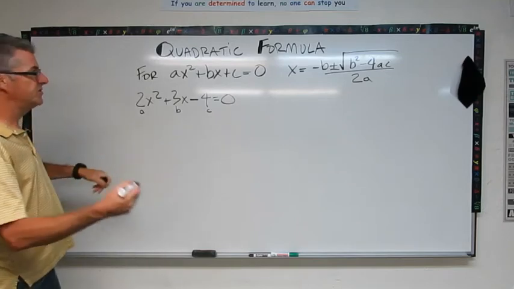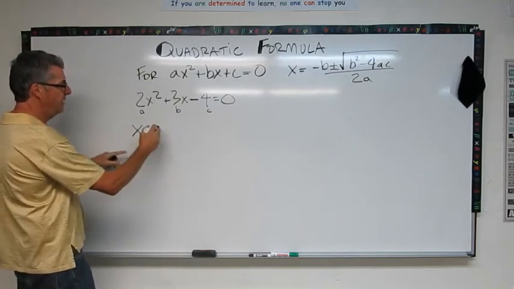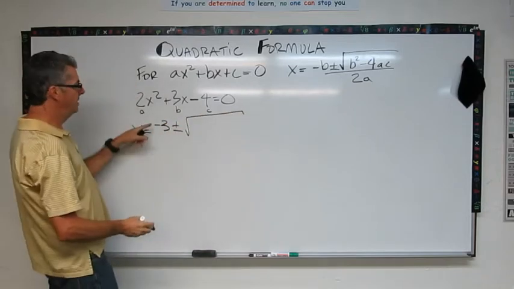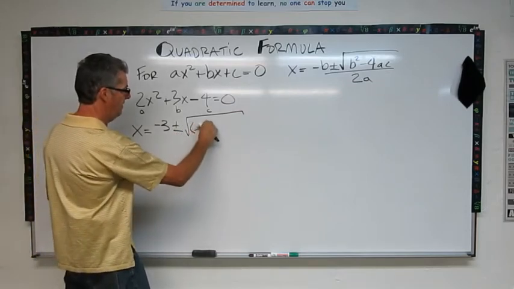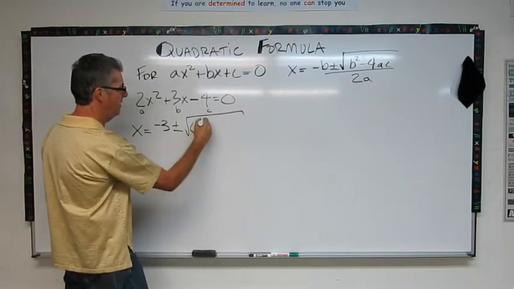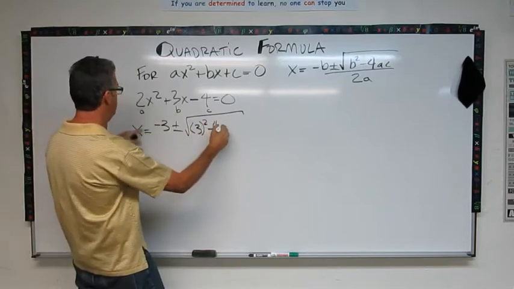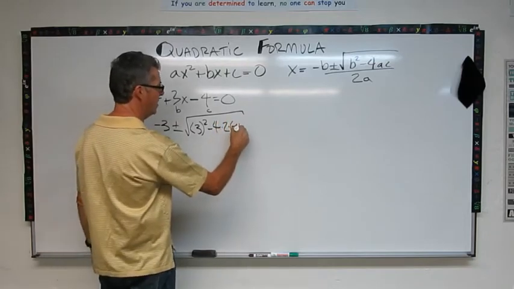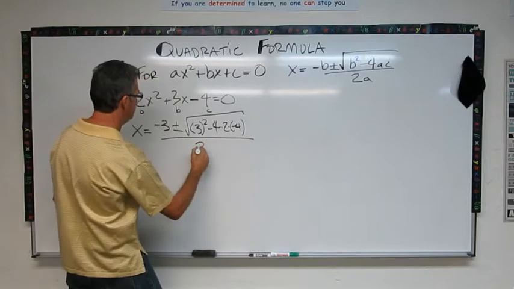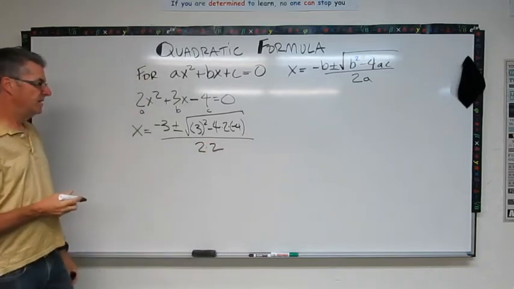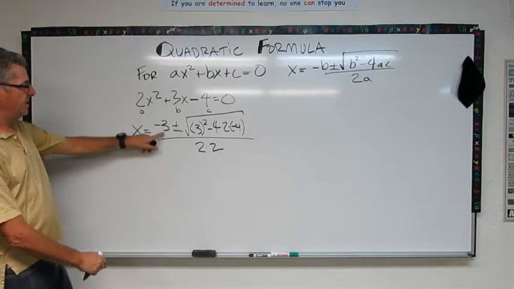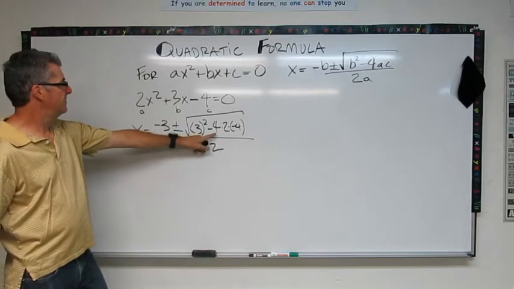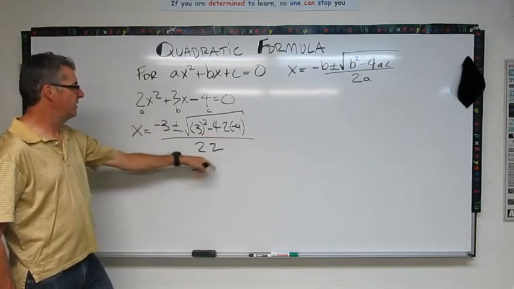Okay, so let's do that first plug-in step. x equals minus b plus or minus my big square root, b squared, that's just 3 squared, minus 4 times 2 times negative 4, all over 2 times 2. Okay, let me just inspect, make sure I did my plug-in step right. Negative b plus or minus b squared minus 4 times a, which is 2, times c, which is negative 4, over 2a. Okay, great, I'm good.